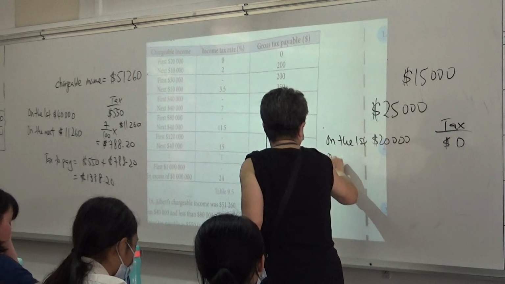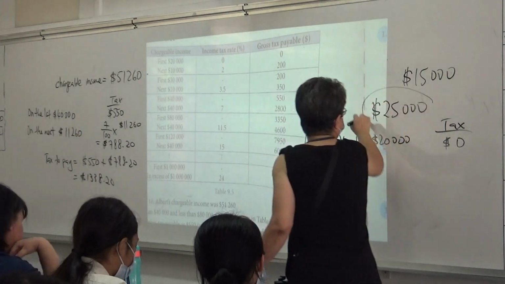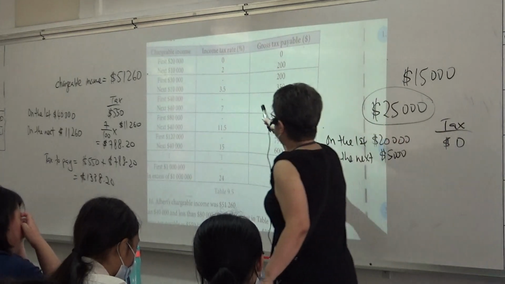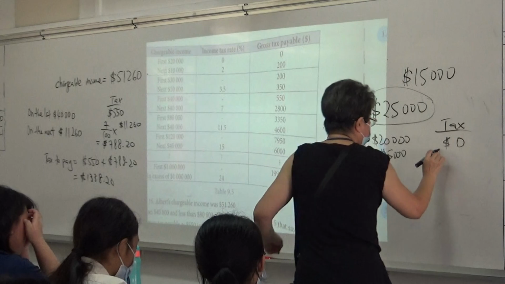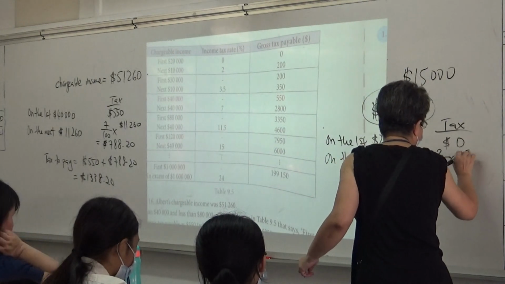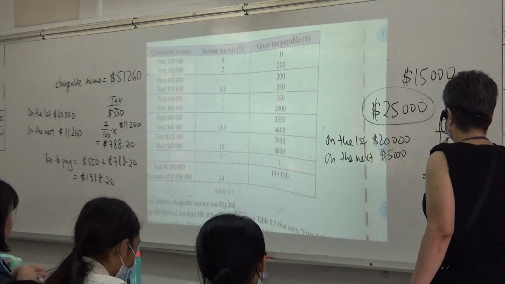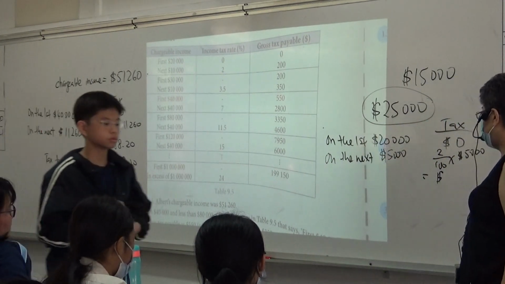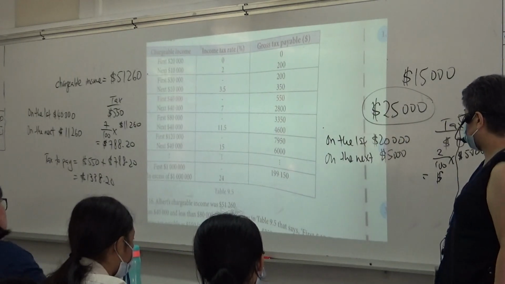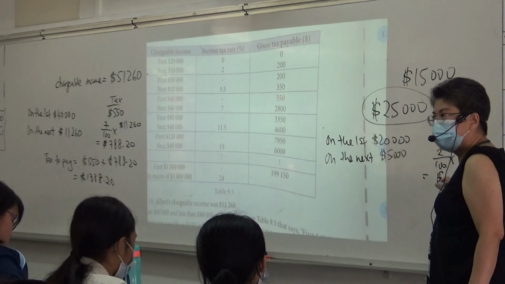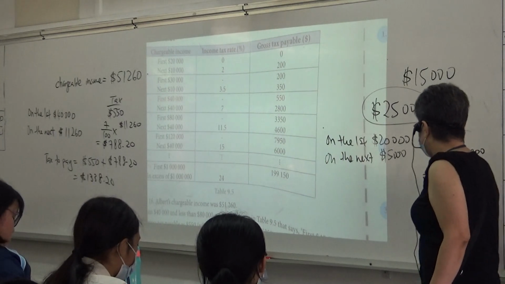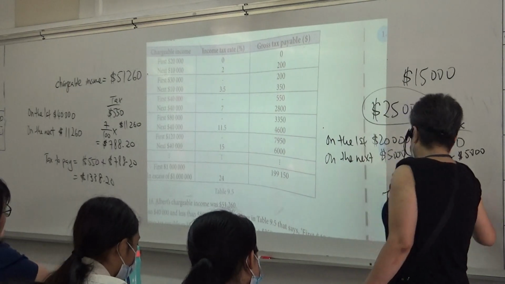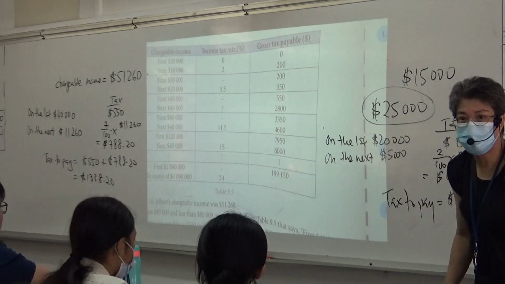How much left? 5,000, right? What's the percent? 2%. 2% of 5,000 is 100. So tax to pay will just be 100, right? You must know which one to choose.